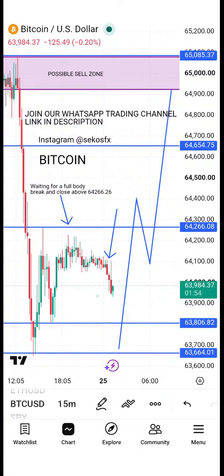For now, good luck to those who've entered a sell. But us who are looking for buying opportunities will have to wait for a breakout. So I'm signing out. Shalom.